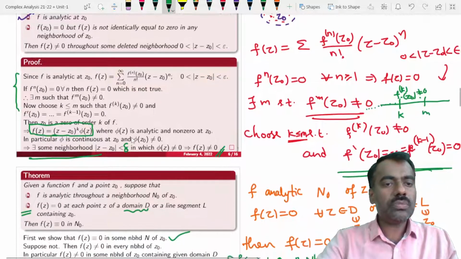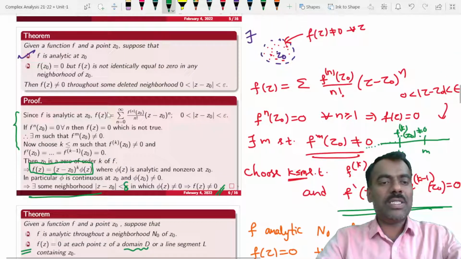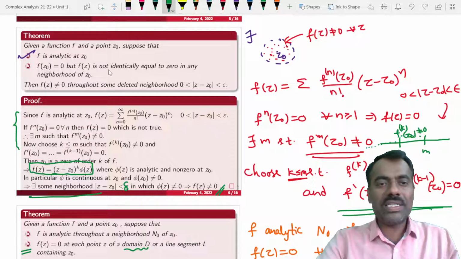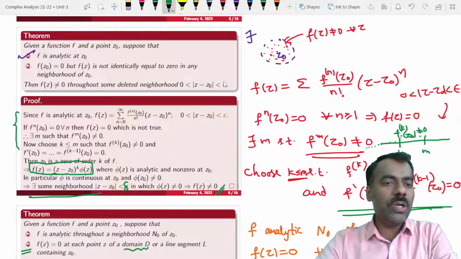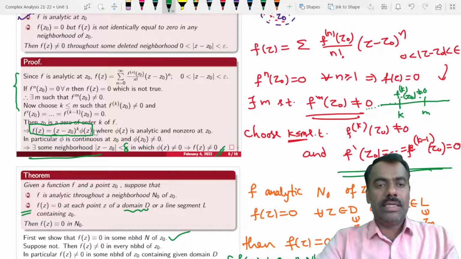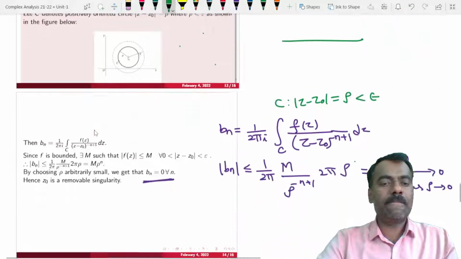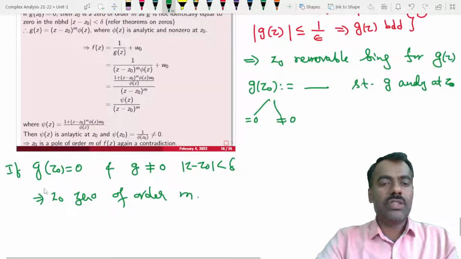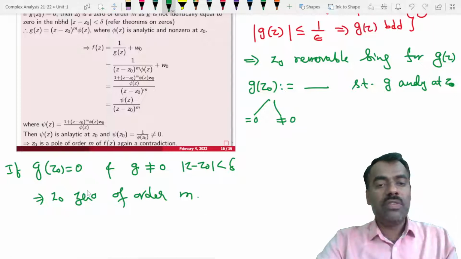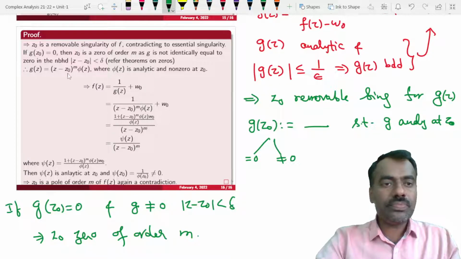So that shows that z naught is a zero of order k. So this much we are using here: if g is analytic at z naught and g of z naught is equal to 0, but g is not identically equal to 0, then z naught has to be a zero of some order, call it m, for that function g. Therefore z naught is a zero of order m for this function g.